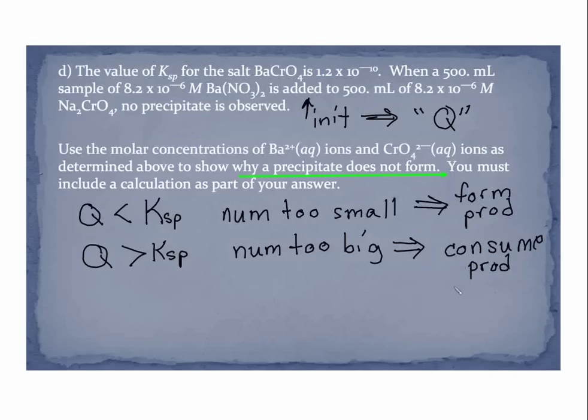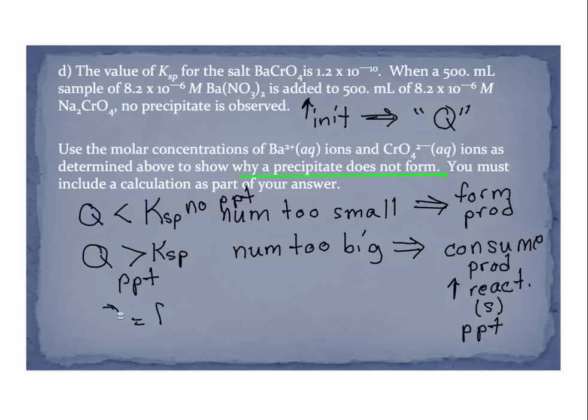When you form product, you consume reactant. When I consume product, I would increase reactant. In this case, our reactant is a solid, so we would see a precipitate form. So Q bigger than K, precipitate. Q less than K, no precipitate. So those are our 2 possibilities. All we have to do now is prove which one it is.